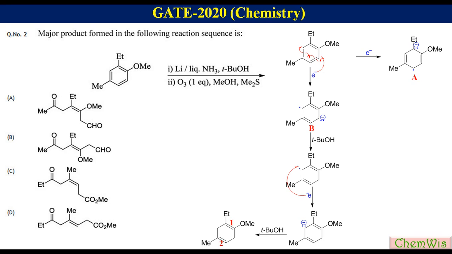It will occur selectively at alkene 1 because it is more electron rich. To make the ozonolysis product, erase this more electron rich double bond to get this structure, and then put carbonyl groups on the carbons which were connected by the double bond in the diene. So option C is the correct option.